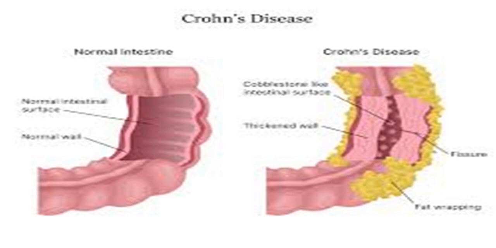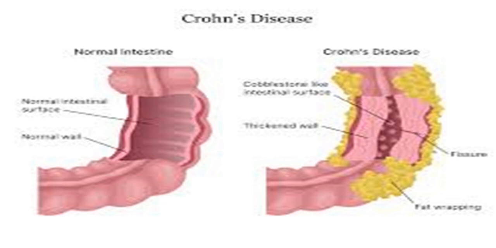CT scans or MRI can help visualize inflammation, strictures, or abscesses in the intestines. Capsule endoscopy involves swallowing a small capsule with a camera that takes images of the small intestine as it passes through, which can detect areas of inflammation or ulceration.